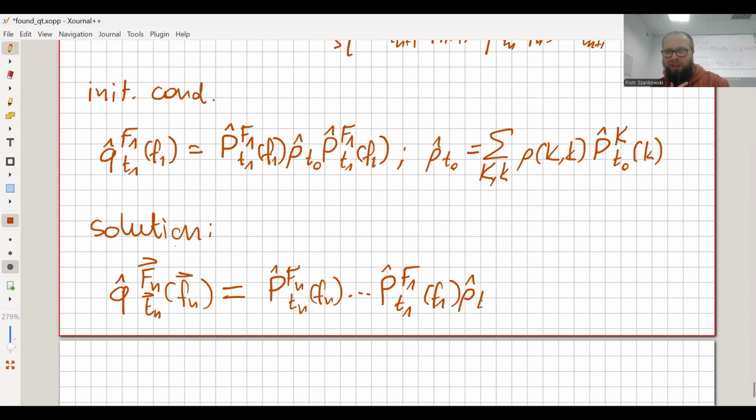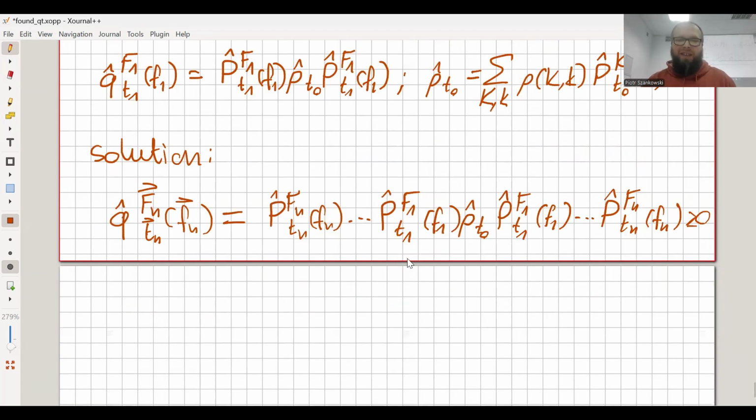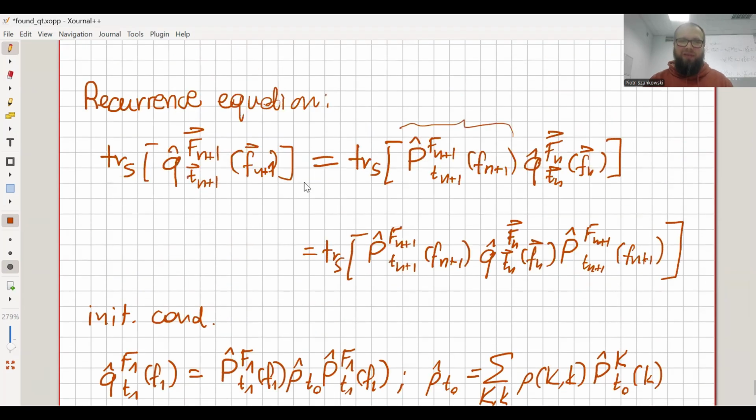Then you have rho in the middle, and you fire up your sequence again, but starting from T1 and ending on Fn. And this is by definition positive, okay? Because rho is positive, and sandwiching in projectors preserves positivity. You take the trace of this, and this is one of the solutions that solves this equation.